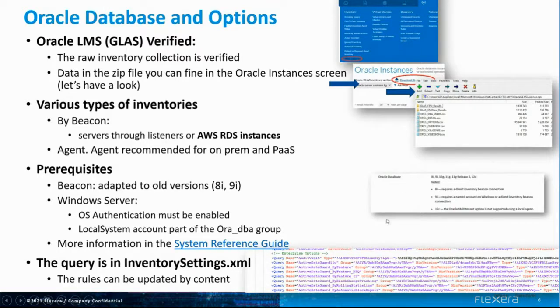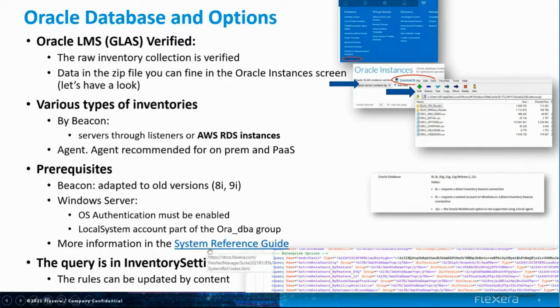So these are some limitations, and of course, on Windows Server, a very famous one, you need to allow OS authentication, to enable OS authentication. Otherwise, the local system account, even if it's part of the ORA_DBA group, which is another prerequisite, will not be able to authenticate to perform and run all the queries.